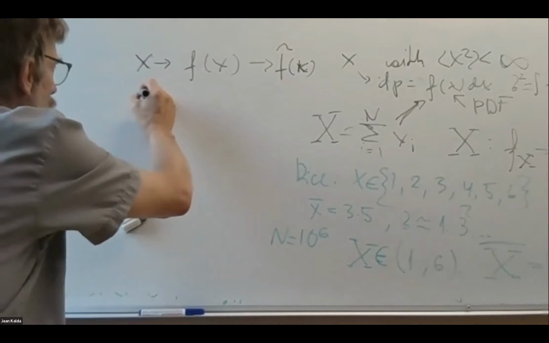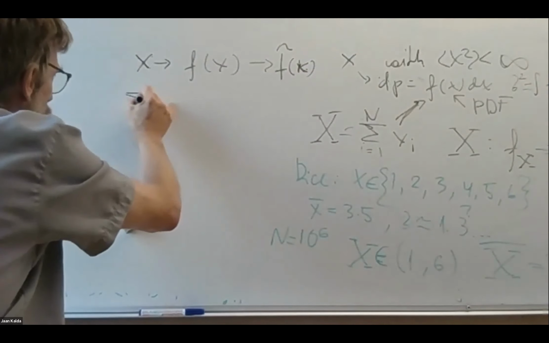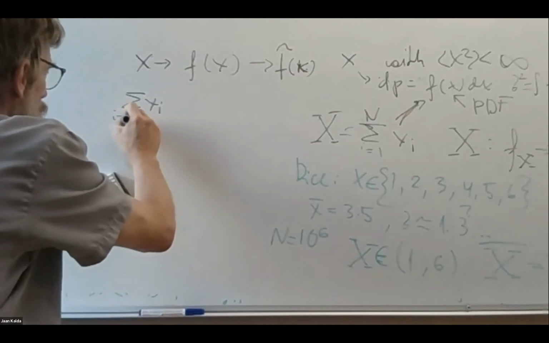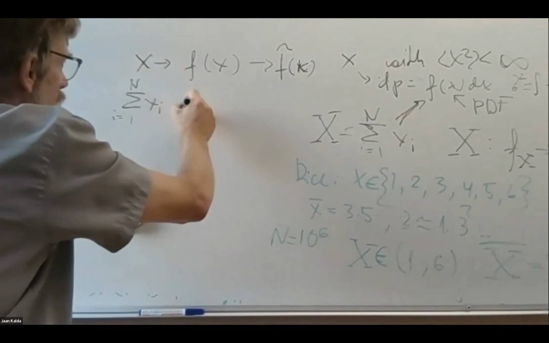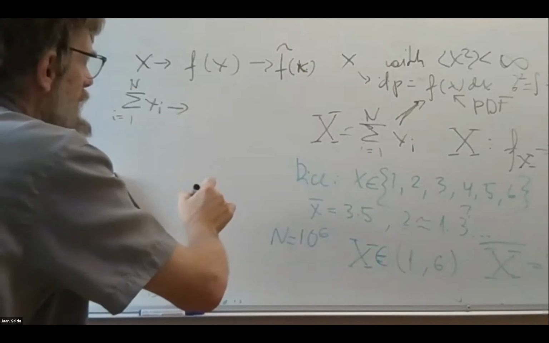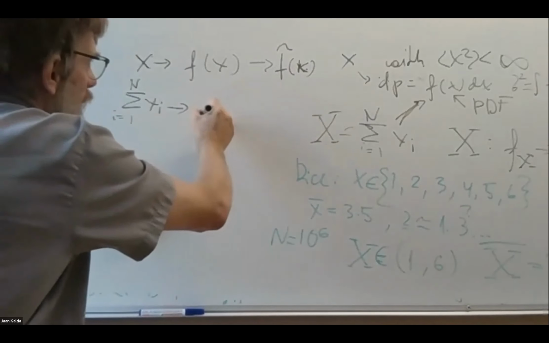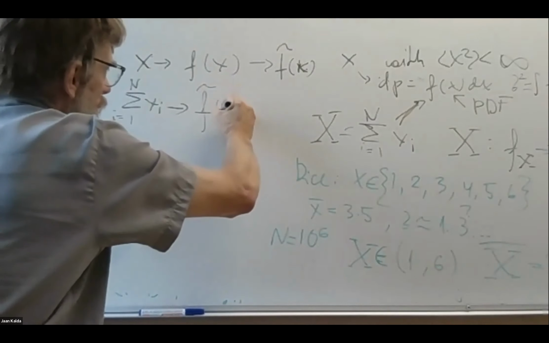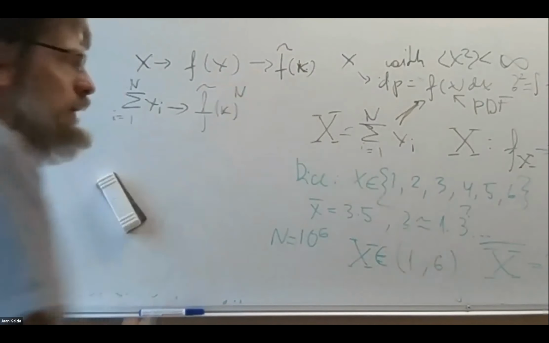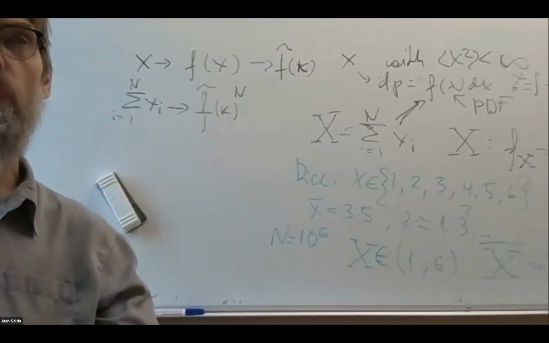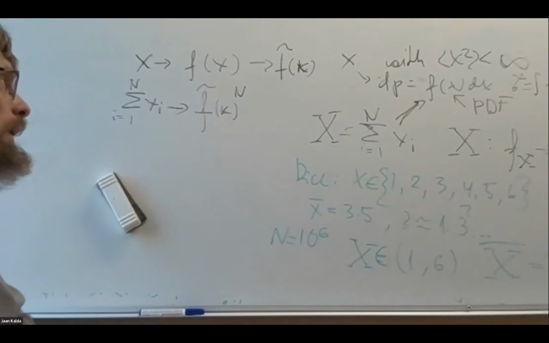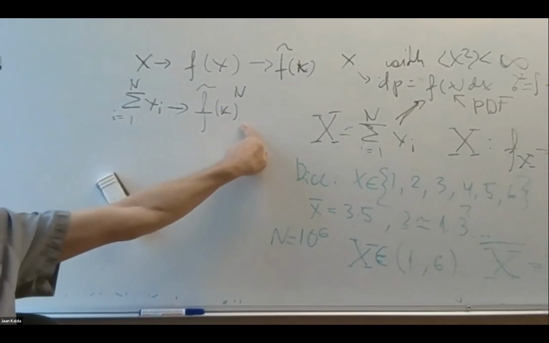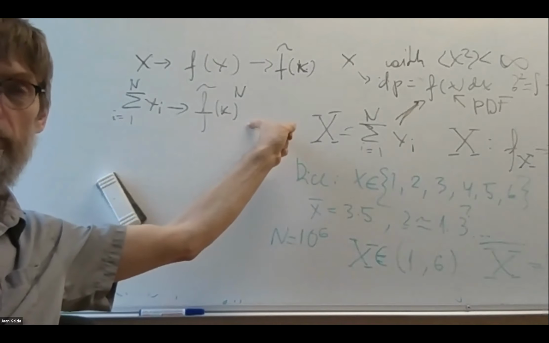And if you take the sum of the x_i, each of them from i equals 1 to n, then in Fourier space it has f tilde of k to the power of n. The reason why we go to Fourier space is that we can easily calculate the PDF there, which just goes to a certain power.